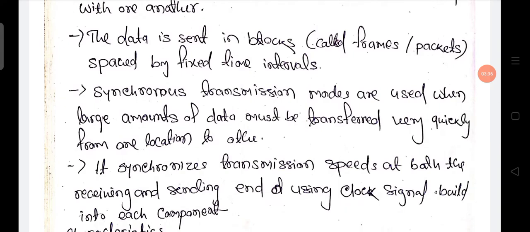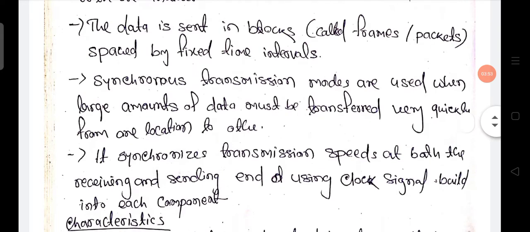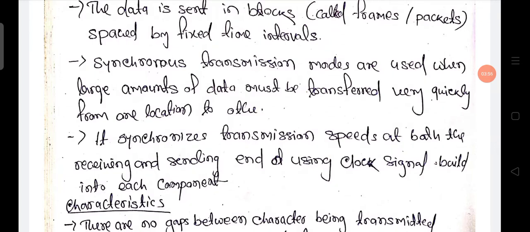This transmission method is used for quick data transfer. In synchronized transmission, the speed at both the receiving and sending ends is controlled using a clock signal. Previously I told you that we use a clock signal, a clock pulse, for synchronization.